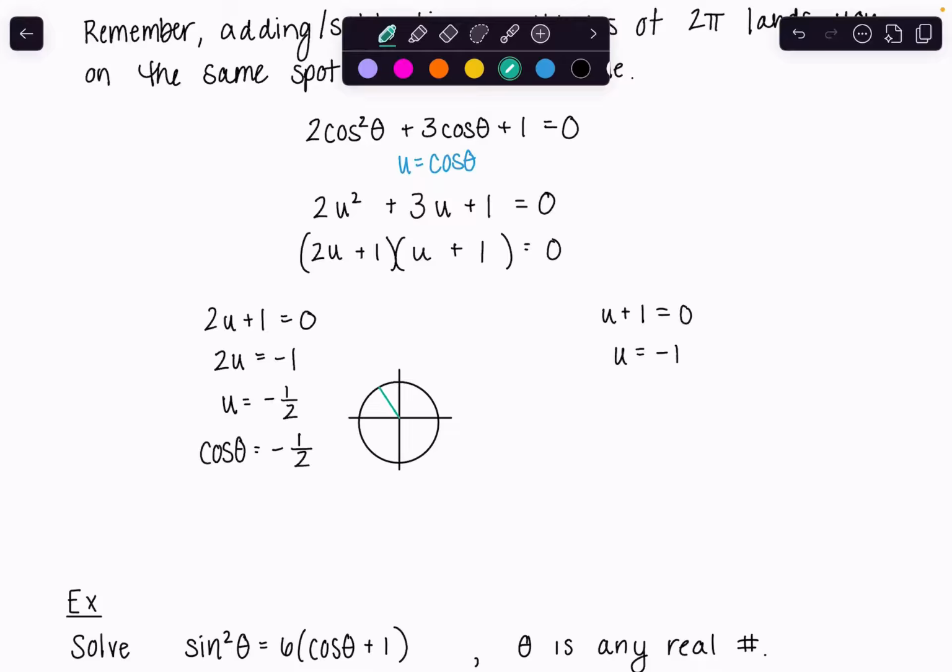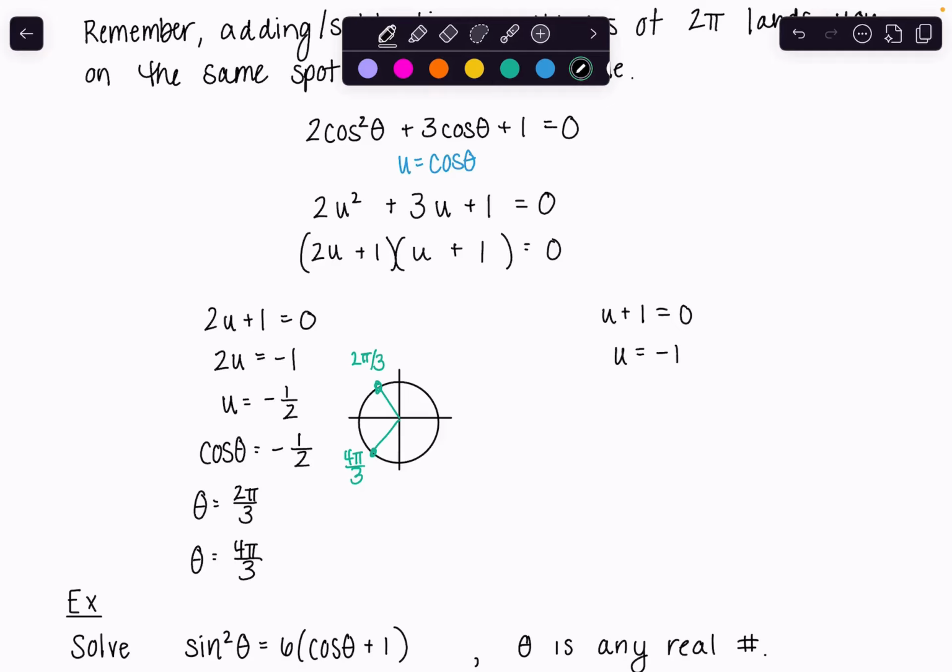These are going to be those pi/3 reference angles again. So this angle up here would be 2 pi/3, and this angle down here would be 4 pi/3. So I get one solution. Theta could equal 2 pi/3. And then I get another solution, theta could equal 4 pi/3.